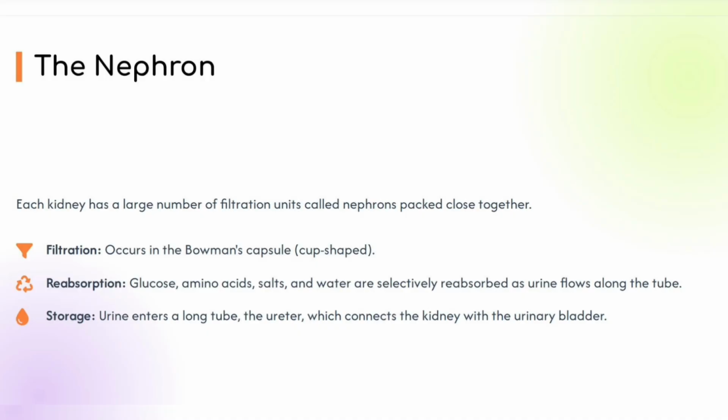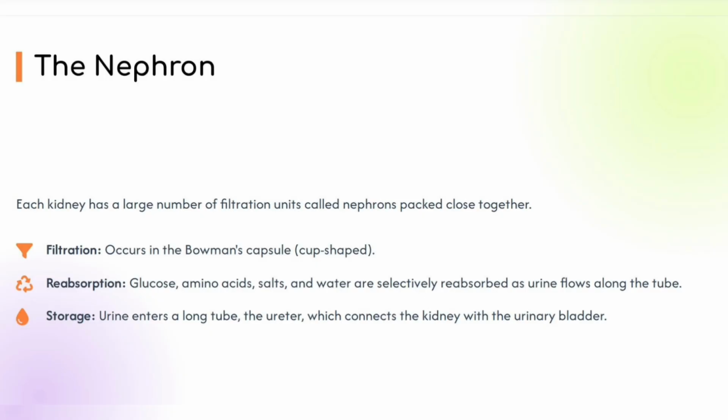reabsorption. Useful substances like glucose, salts, and water are taken back into the blood because the body still needs them. Finally, the remaining waste forms urine. This urine passes through tubes and reaches the urinary bladder for storage.